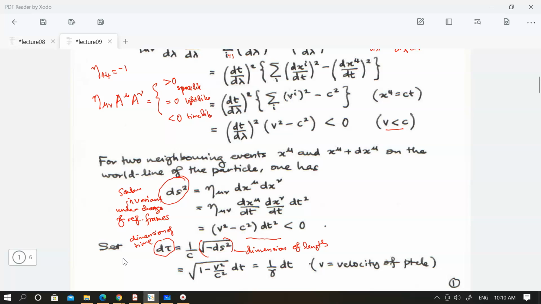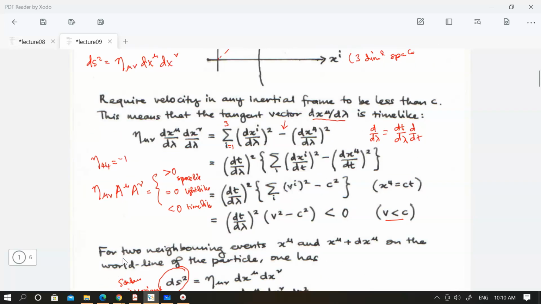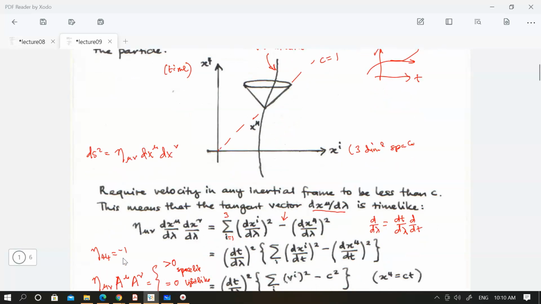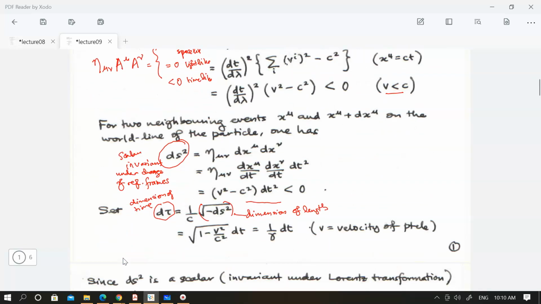So we can use this as your parameter to parameterize your curve earlier. Now we can think of replacing this lambda by tau, and you get what you need.